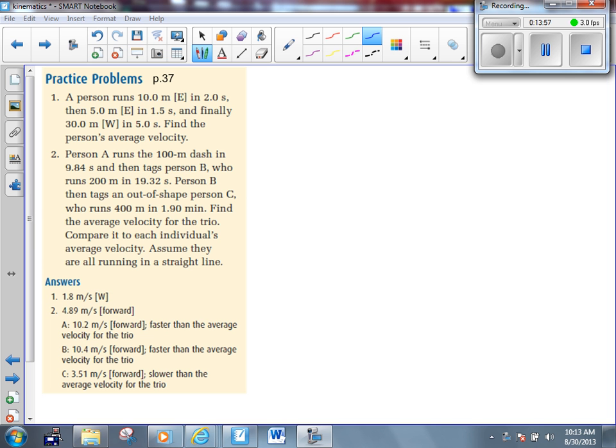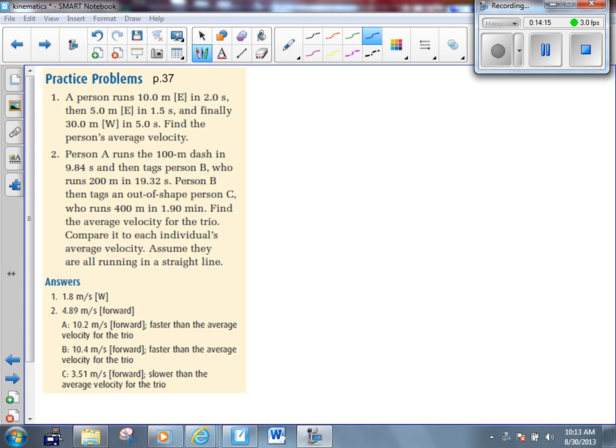All right, so let's say are these displacements or positions, these 100 meters, these 200 meters, these 400 meters? Are they how far somebody's traveled, or are they where somebody is? Displacement or position? Yep. Good, they're displacements. They're how far somebody's traveled.